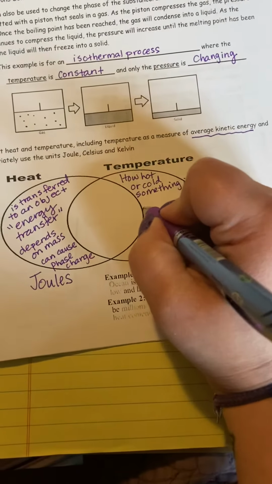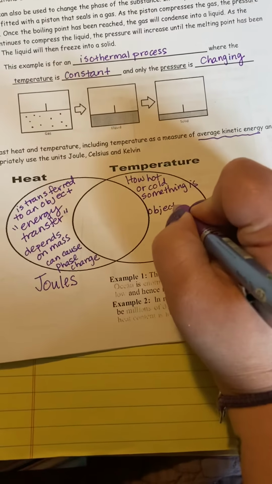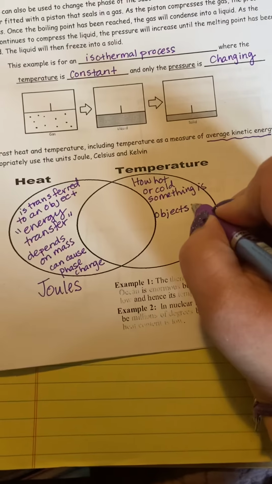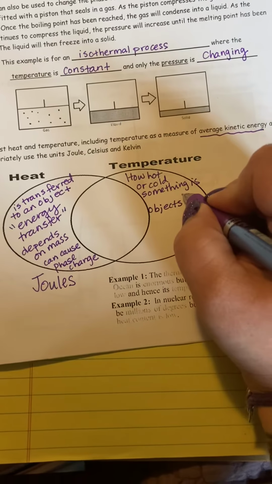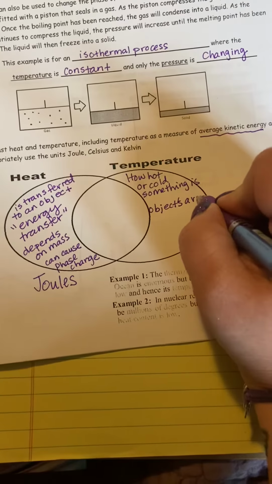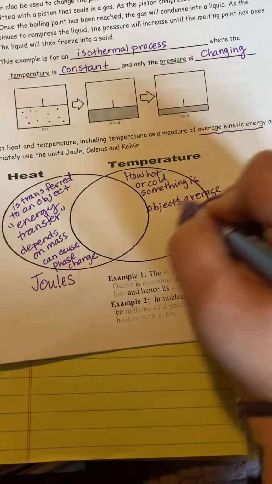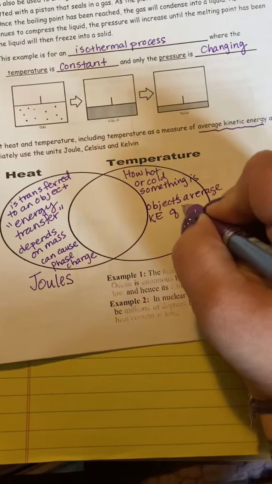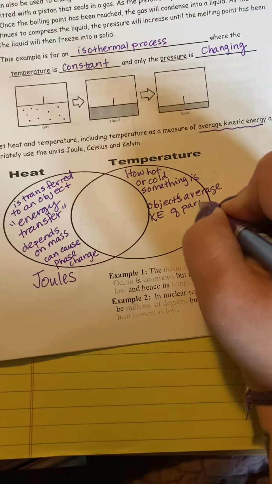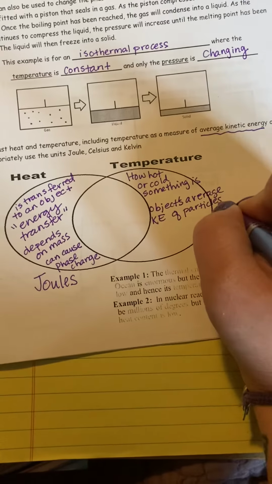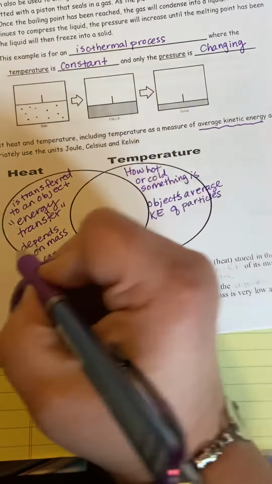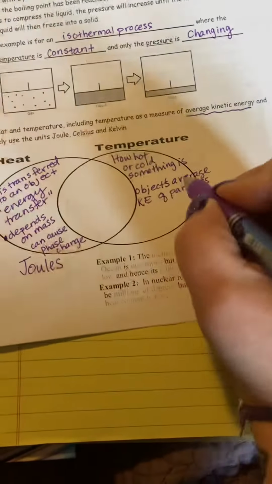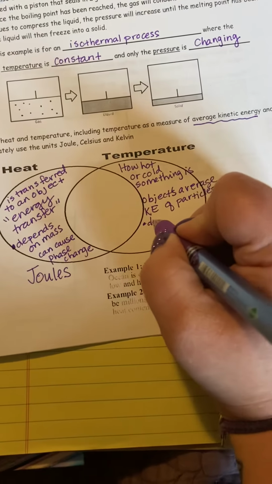Strictly by definition, temperature is an object's average kinetic energy, the average kinetic energy of the particles. So where heat depends on mass, temperature does not.